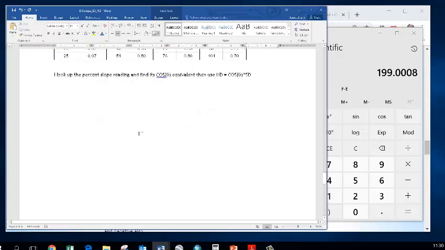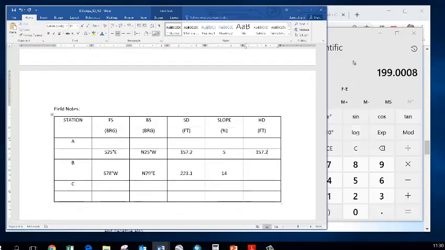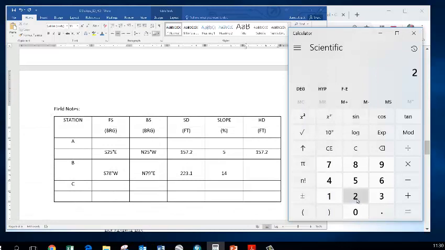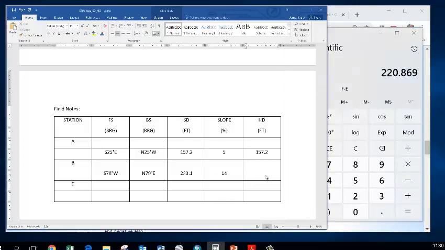It's between these two. So I essentially take 223.1 times 0.99, and it gets me to 220.9 feet.